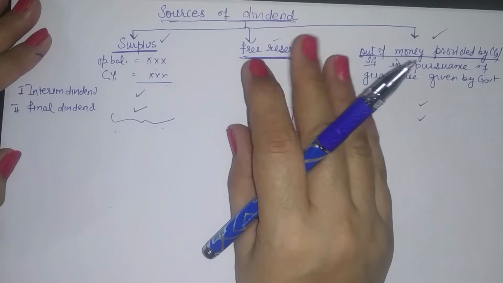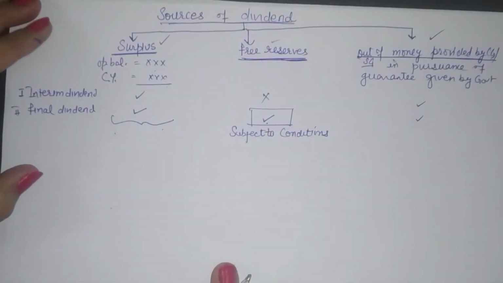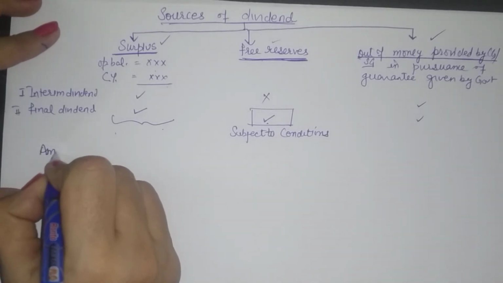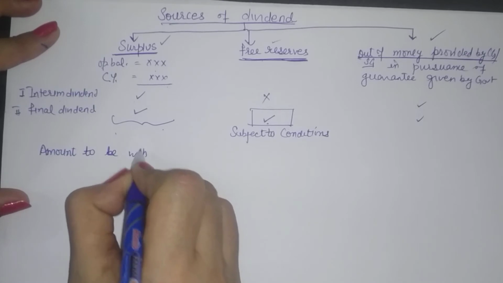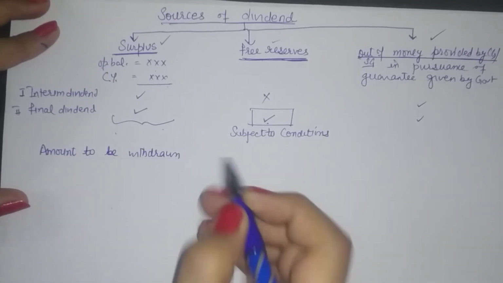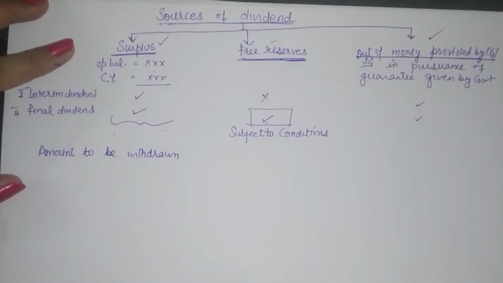Now in order to utilize this category, we will have to first see how much amount is to be withdrawn. Now the amount to be withdrawn will depend upon two things. Do you have any balance in surplus, or do you have a loss in the surplus account?